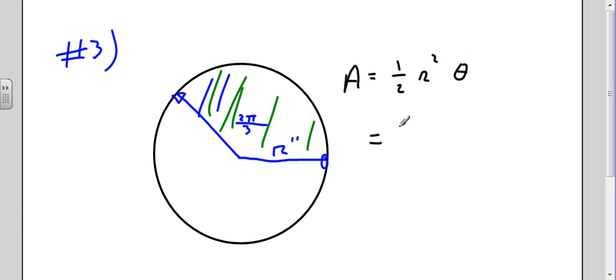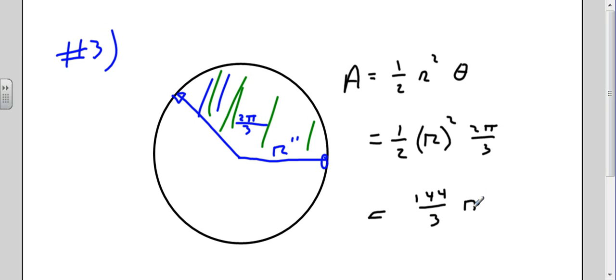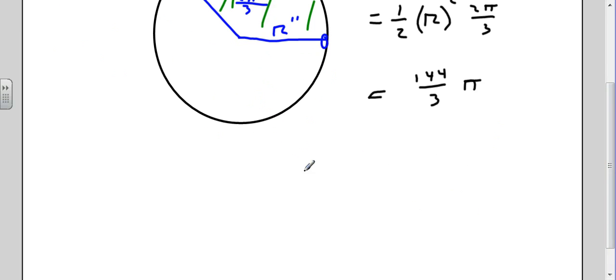All right, so one half times 12 squared times 2 pi over 3. The 2's go away, 144 over 3 pi. I look at 144 and see that it is divisible by 3, since 1 plus 4 plus 4 is 9. So 3 goes into 14 4 times, 3 goes into 24 8 times. So 48 pi inches squared.